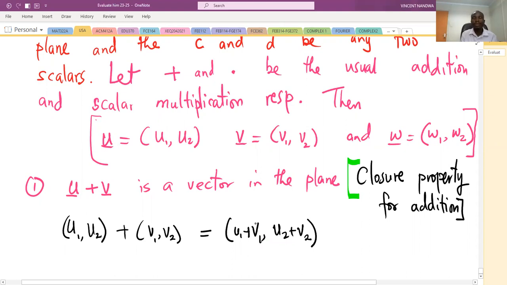This is just a vector in the plane, because all the vectors in the plane are of the form x, y. So this is the x value, this is the y value.